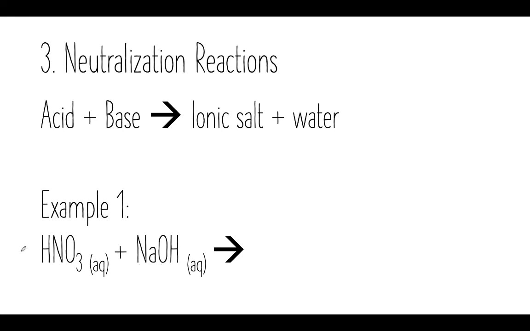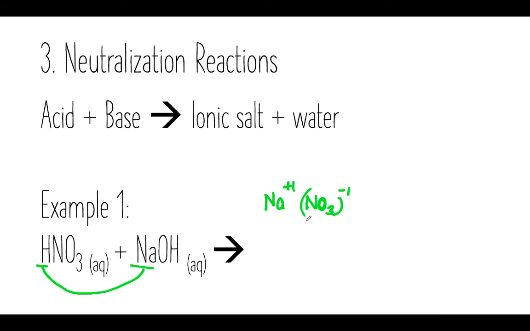So in this case, again, this is still a double displacement reaction. Let's take a look at what two things are going to be switching places. So hydrogen and sodium are going to be switching places. So one of the things that's going to be produced is NaNO3, right? And Na has a charge of +1.